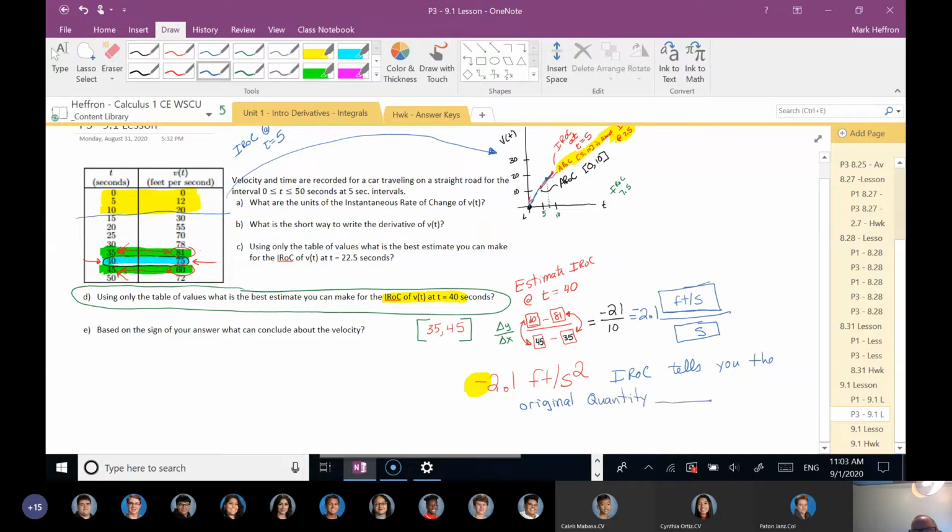What was that original quantity? It was velocity. Velocity is decreasing. Okay? So that's what the negative sign tells you. This negative and that decreasing are linked.